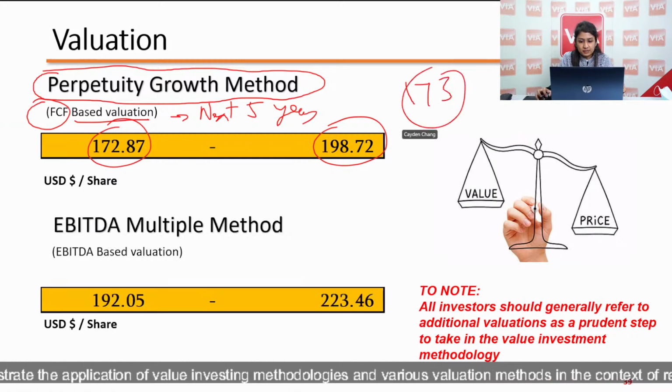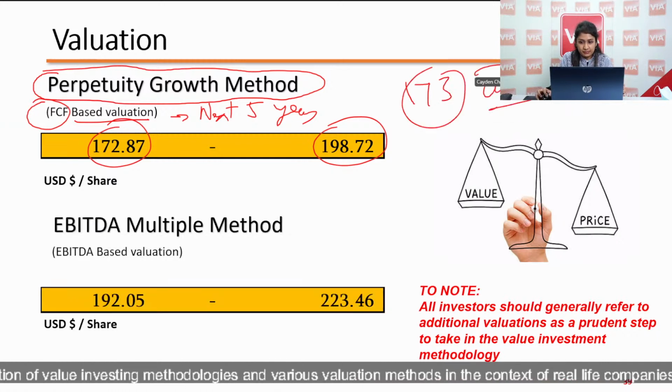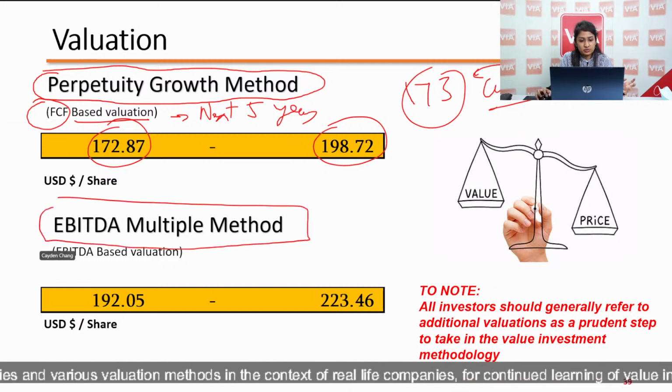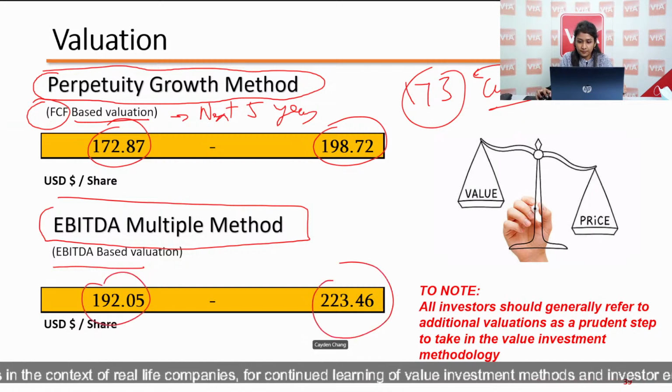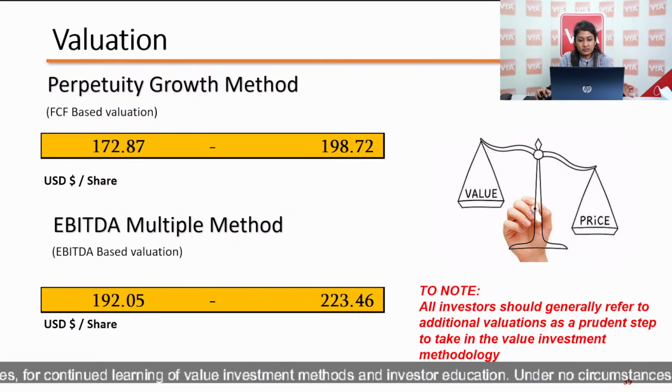The second method is the EBITDA multiple method. According to this method, our range comes to 192 to 223 US dollars. But as always, please note that all investors should generally refer to additional valuations as a prudent step to take in the value investing methodology.